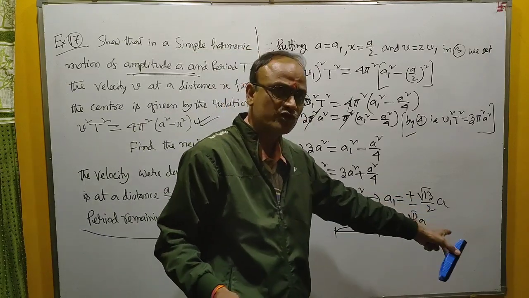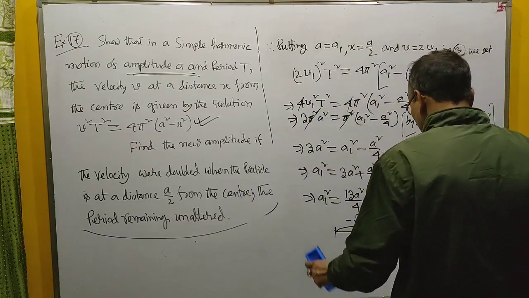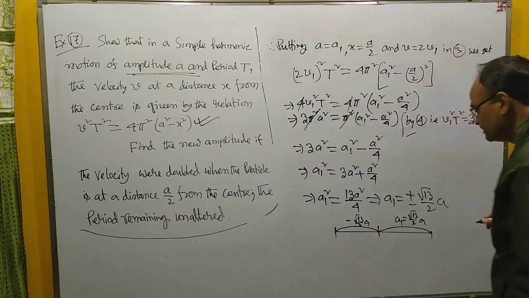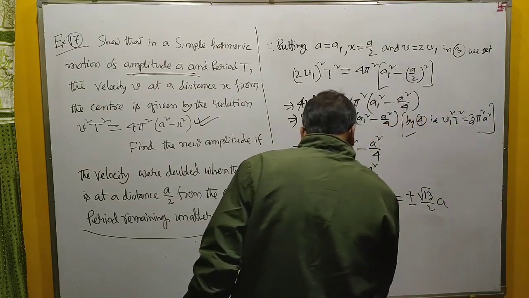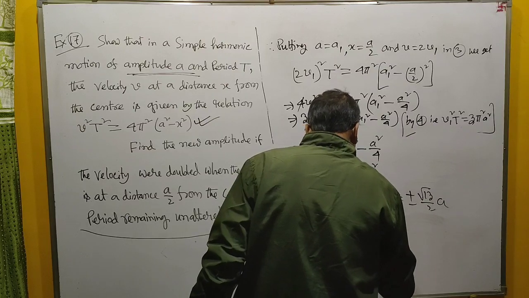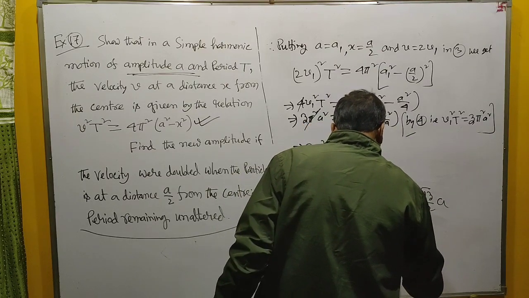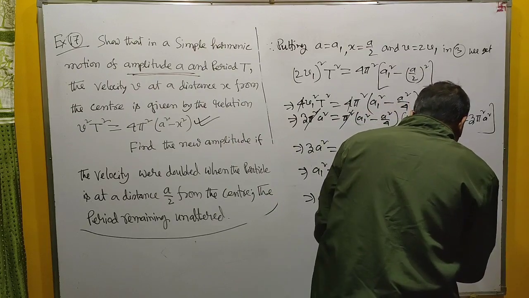There are two positions of rest. Therefore, the amplitude is equal to root 13 by 2 A.